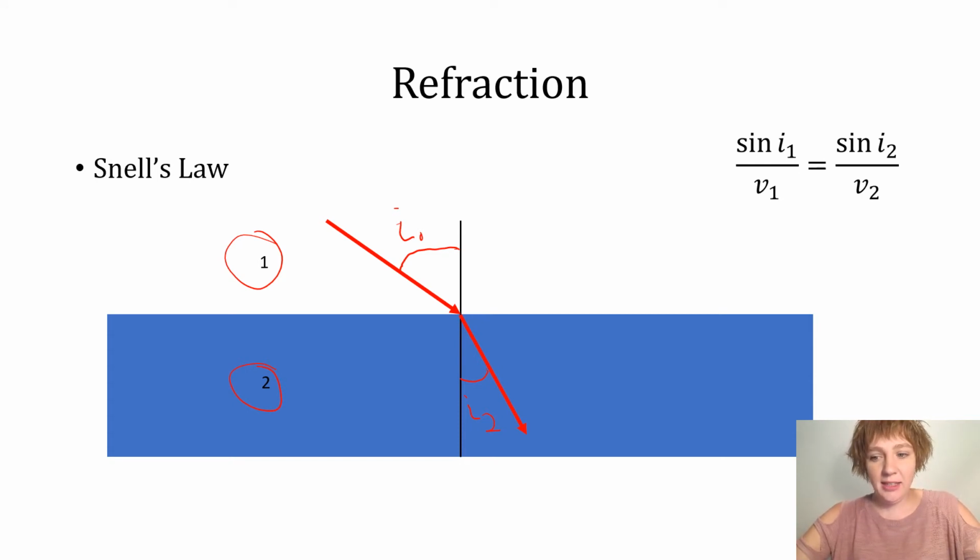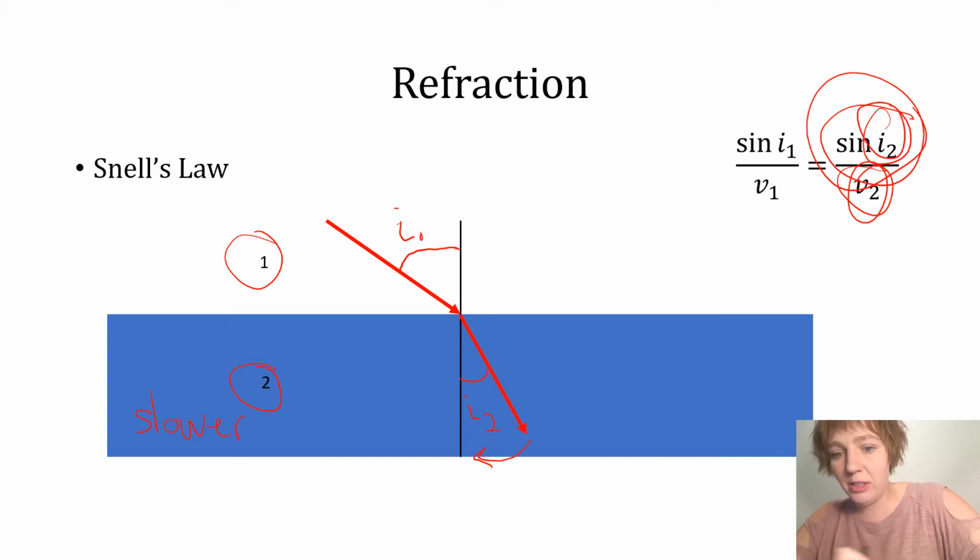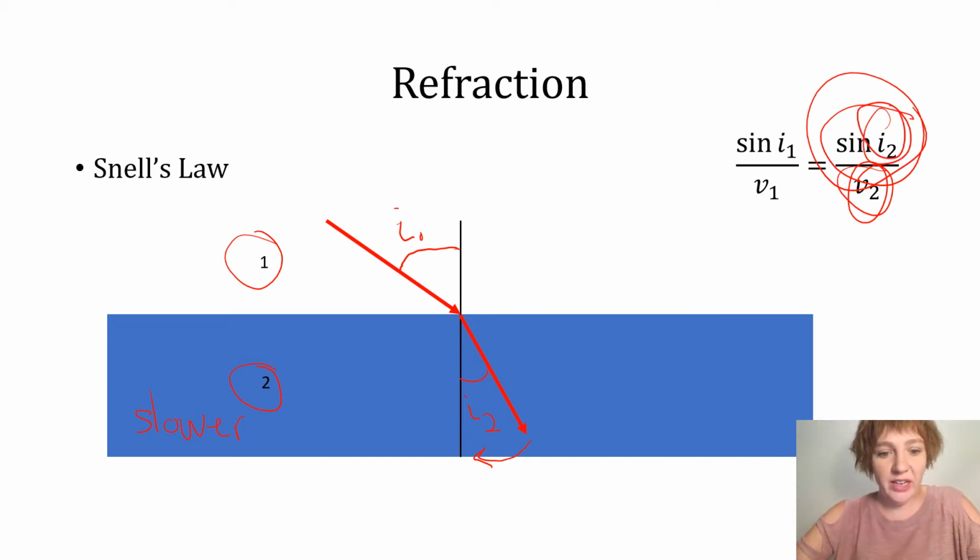So in this case, our incoming wave bent towards the normal, which means that material 2 must be slower, because if this number on the bottom is smaller, the whole thing on top must be smaller, which only happens for smaller angles. Okay, so that's how we know that it actually bends towards the normal when it's going into slower materials.